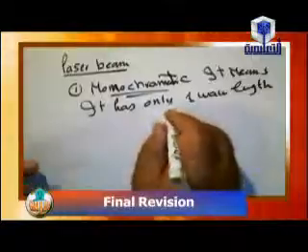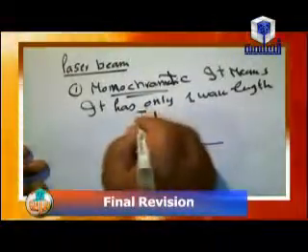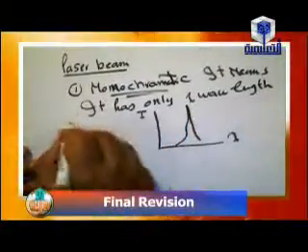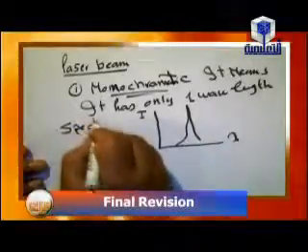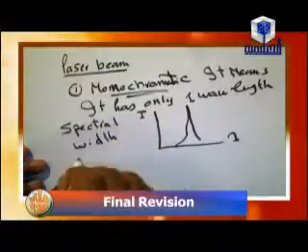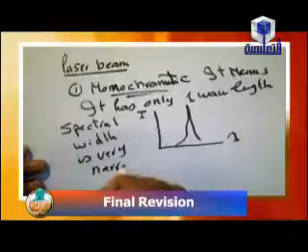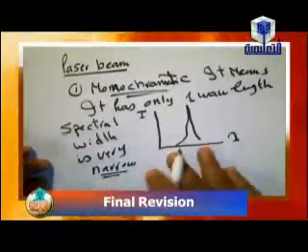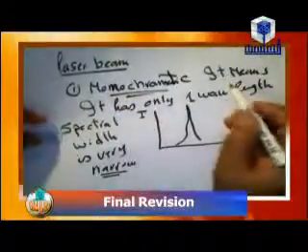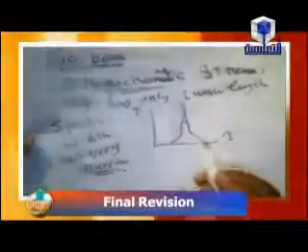That means its spectral width is very narrow, as shown in the figure. This is the first characteristic of laser, monochromaticity. It has only one wavelength, and its spectral width is very narrow.